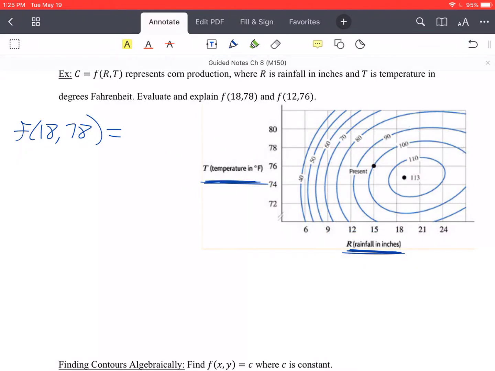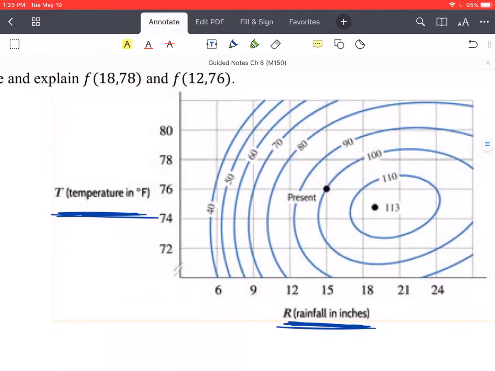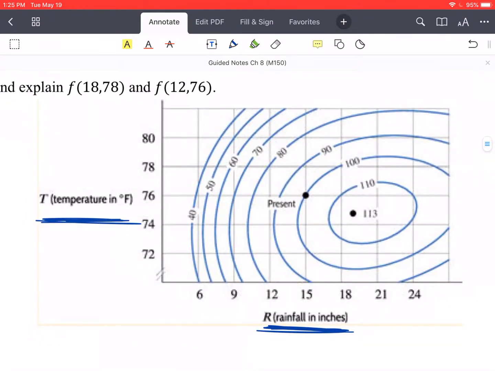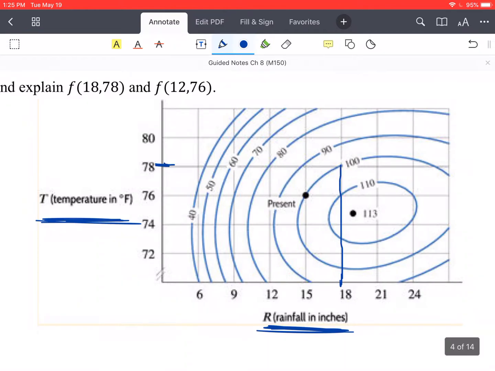All right, so let's look at the graph. We're looking at the point 18,78. So 18 is right here, 78 is right here. If we track those two, we see they intersect right there.